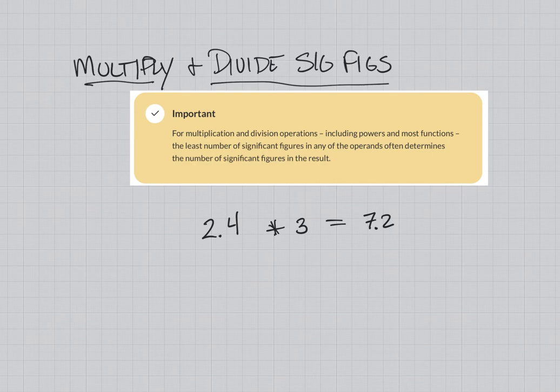Now what we have to look at is this number here has 2 significant figures, whereas this number here is going to have 1. And for multiplication and division, including powers and most functions, the least number of significant figures in any of the operands often determines the number of sig figs in the result. So with that, this value of 7.2 needs to then just simply be written as 7 for my final answer.